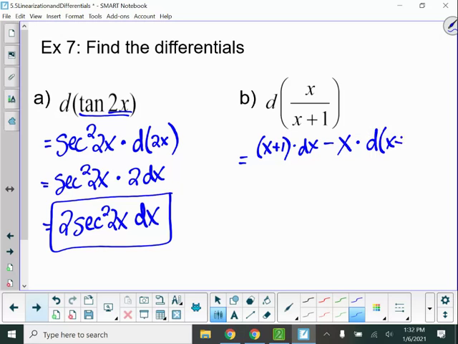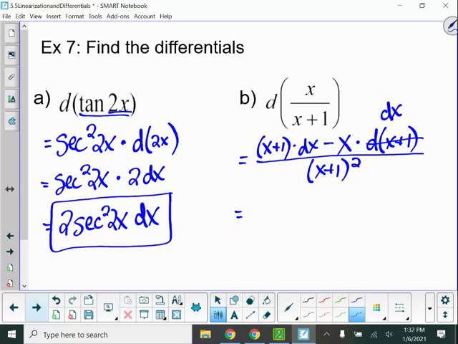That's the derivative of x plus 1, which is simply going to be dx, because the derivative of 1 is 0, so you're only going to have a dx there. And then this is all over your low term squared.